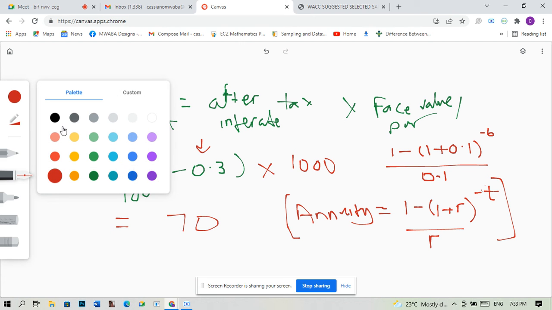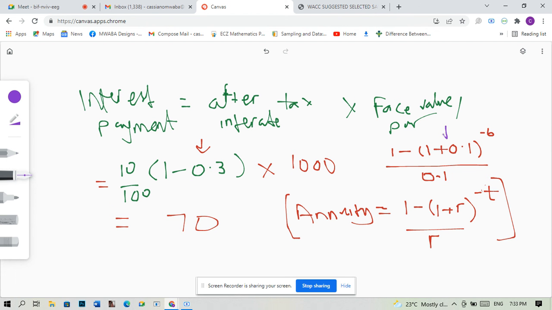Remember the order of operations, now called PEMDAS: parentheses, then exponents. When you find this, you find it to the power negative 6. This is our exponent. First add this, then find it to the power negative 6, then subtract from 1 and divide by 0.1.